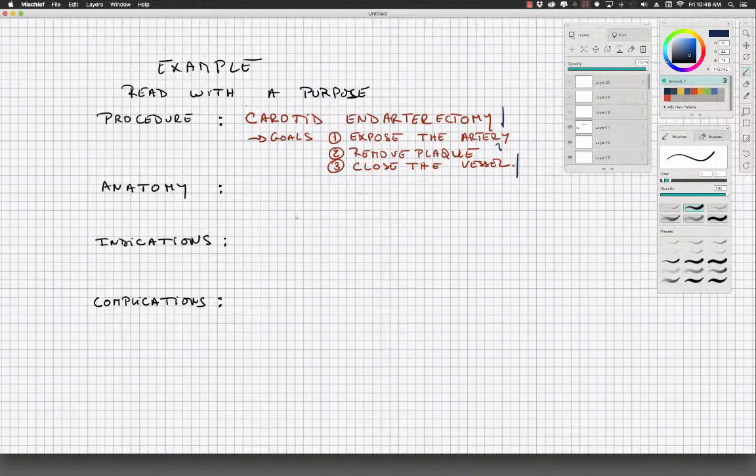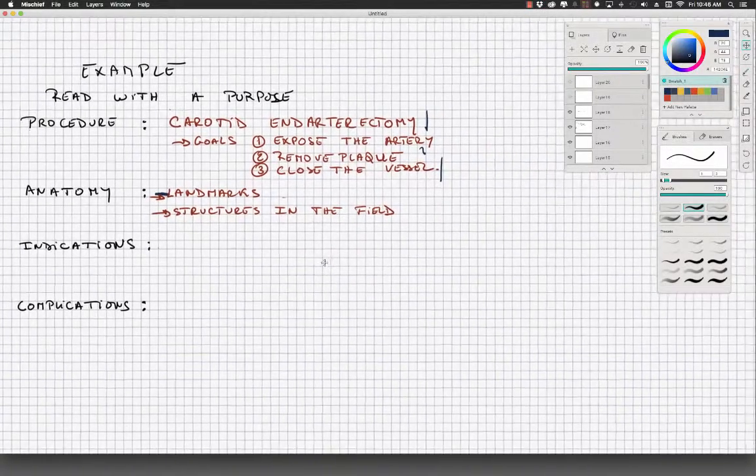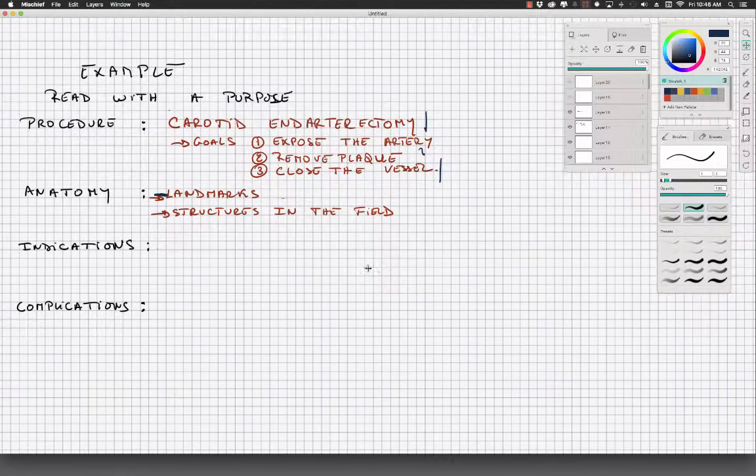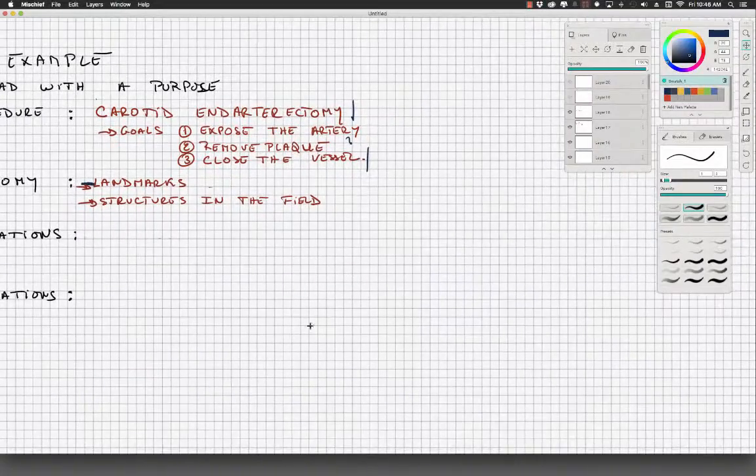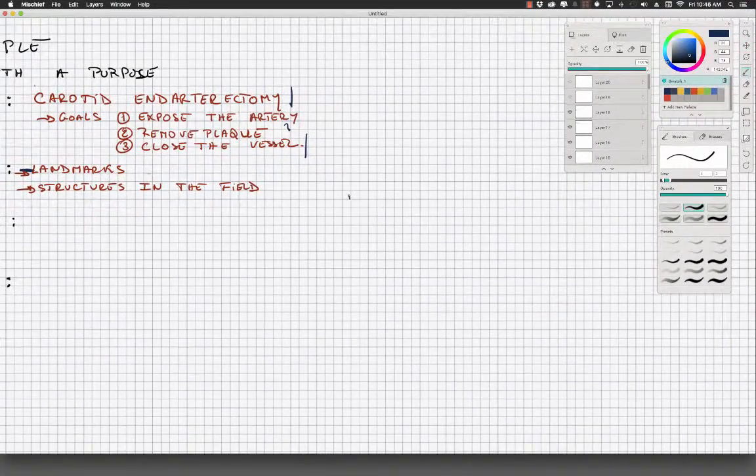So what anatomy do I need to know? So again, body landmark, where is my incision, and what are the structure in the field. So I'm going to do a quick drawing for you here.